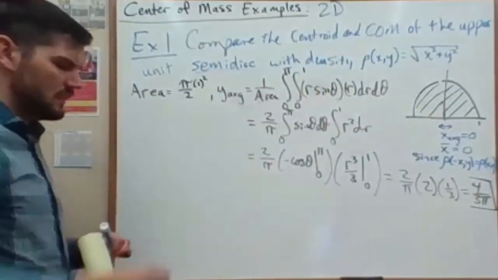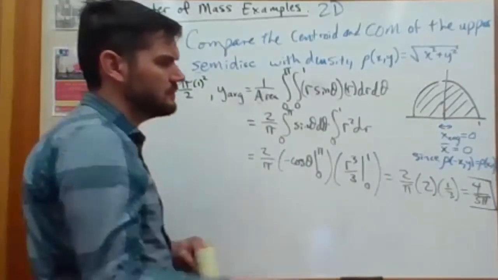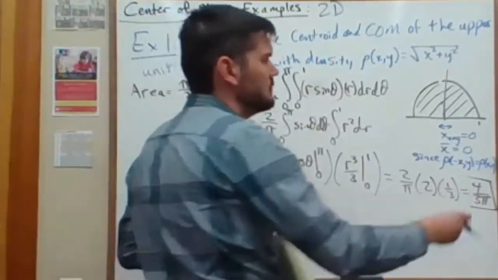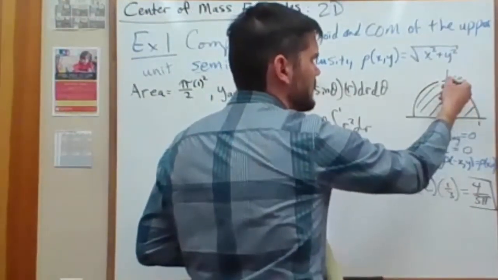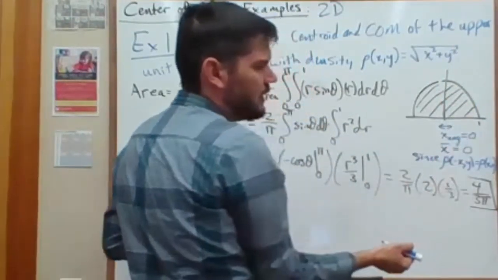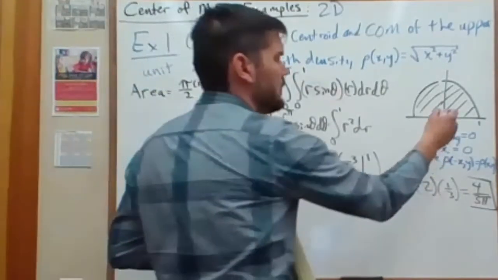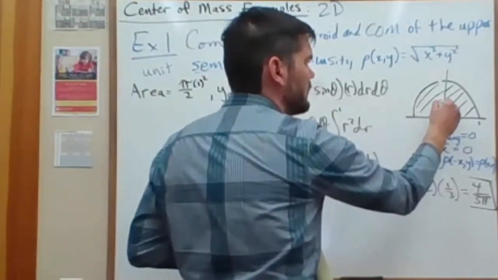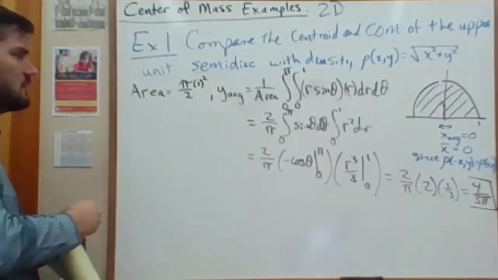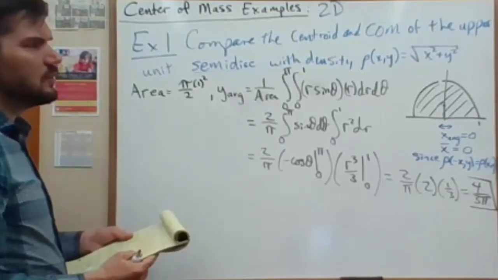That's our y average. 4 over 3 pi is approximately 4 over 9. So thinking about that, it is a little bit bigger than 1/3.